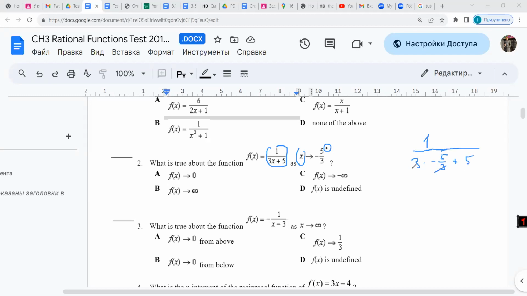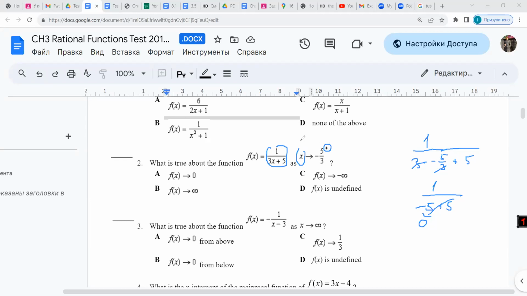We're going to have 1 over 3 times negative 5 over 3 plus 5. After simplification, in the denominator it's going to be negative 5 plus 5, which would give us 0. And we remember that basically it means we have a vertical asymptote for this rational function at x equals negative 5 over 3.